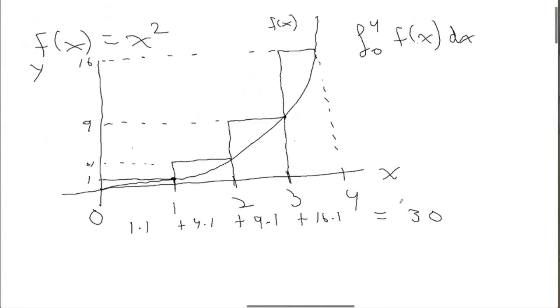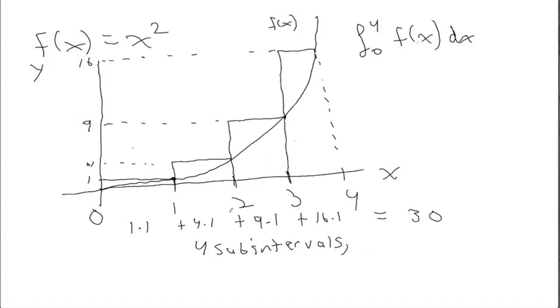Okay, so this is one way to figure out this area. This is the area that we worked out using, so let's see here. How many subintervals did we use here? Let's see, 1, 2, 3, 4. Good.